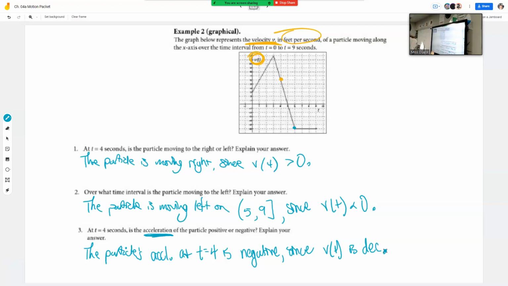Number 1, if at t equals 4 was below the x-axis, moving left, which is why all of that is left. So where velocity is positive, not how it's moving, just positive velocities. V of 1 is a positive number, V of 2 is a positive number, V of 3 is a positive number, V of 4 is a positive number.